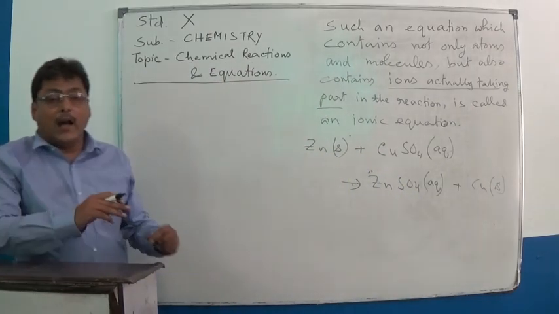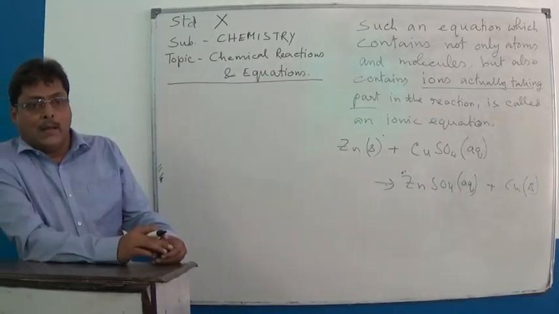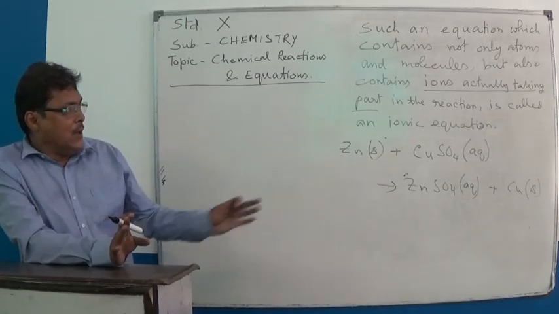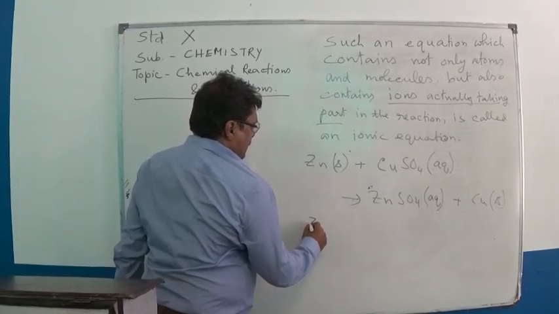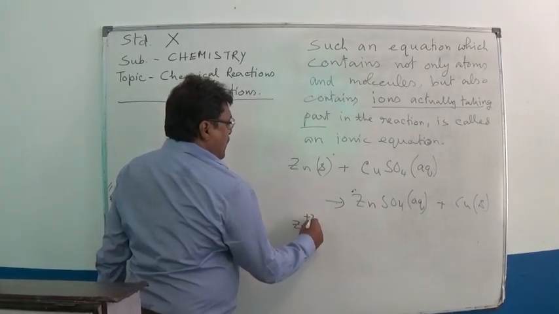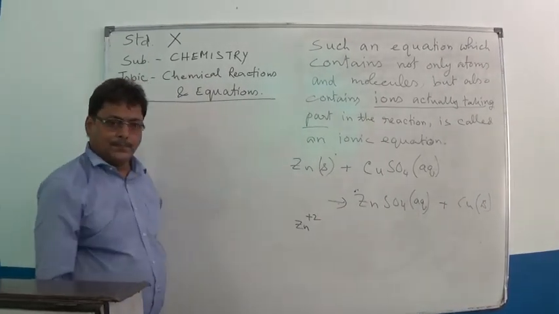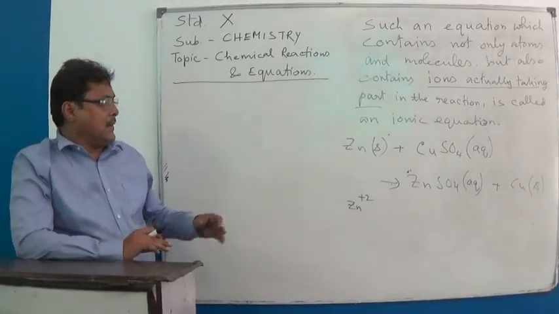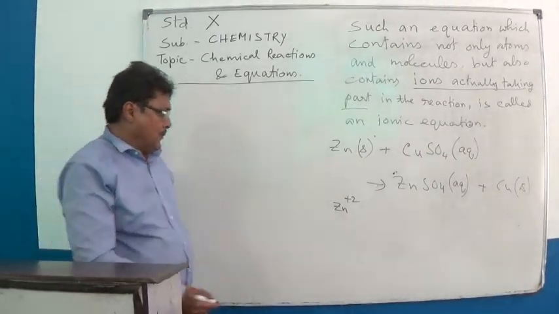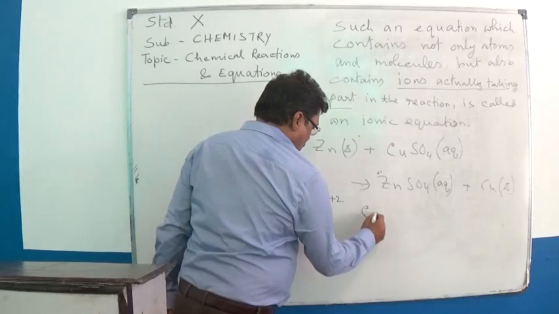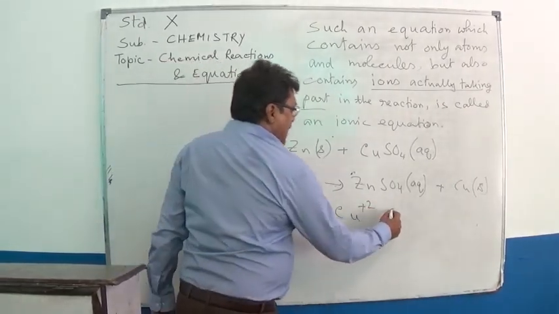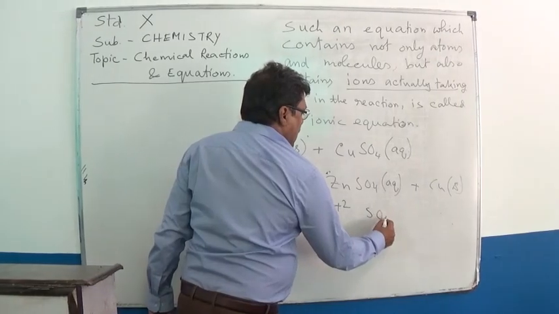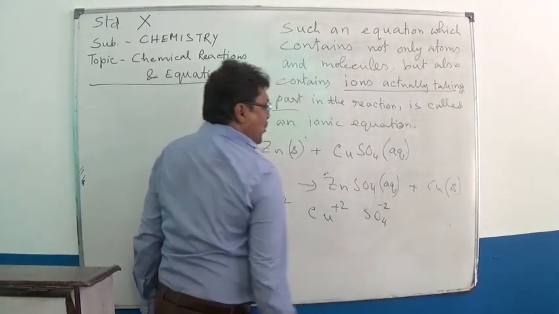Now, if we write the ionic form, it will be like this. We know that this Zn is actually a plus 2 ion, and this Cu is also a plus 2 ion, and SO4 is actually a minus 2 ion.